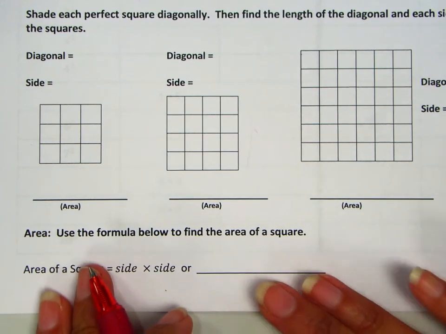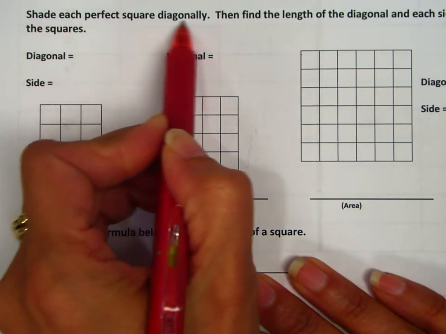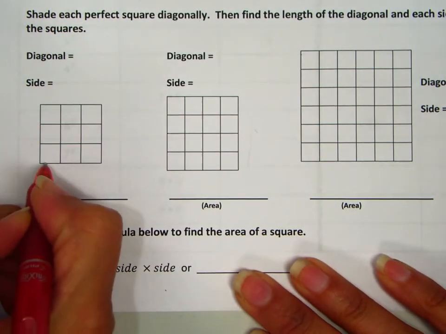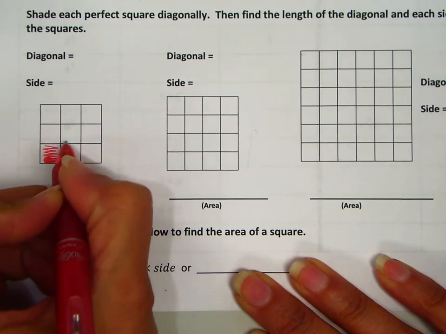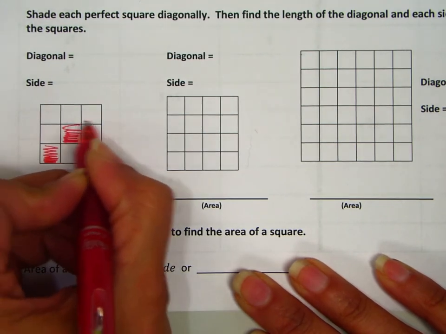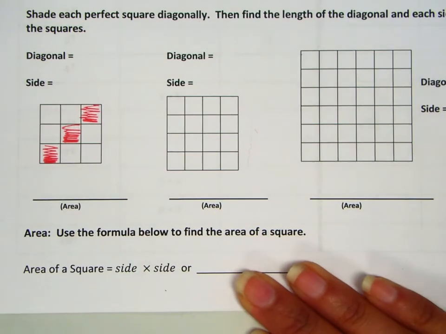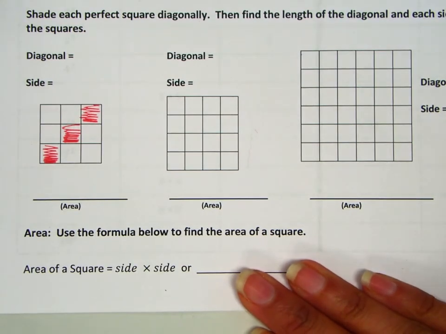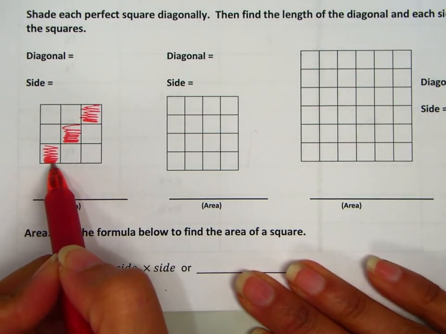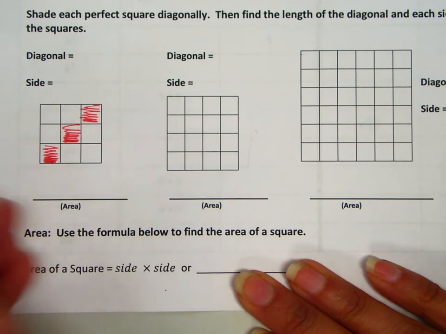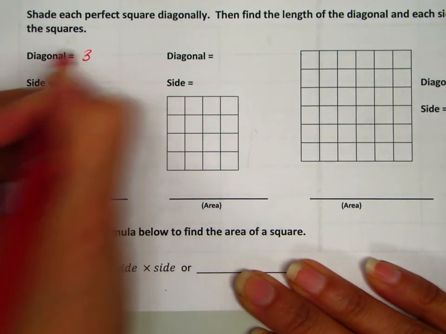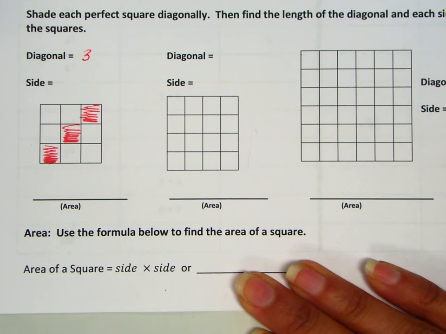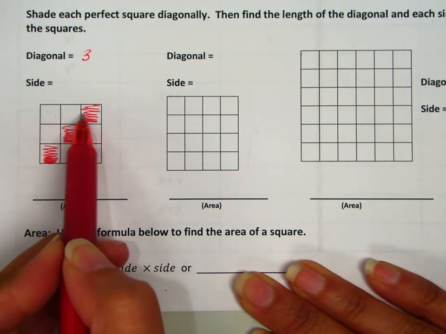So let's shade first. We're going to shade each perfect square diagonally. Diagonally means at an angle. So I'm going to shade it at a diagonal. And then I want to find the length of that diagonal. How many boxes did I shade in? 1, 2, 3. So the length of the diagonal is 3 units. And then I want to find the length of each side. 1, 2, 3.